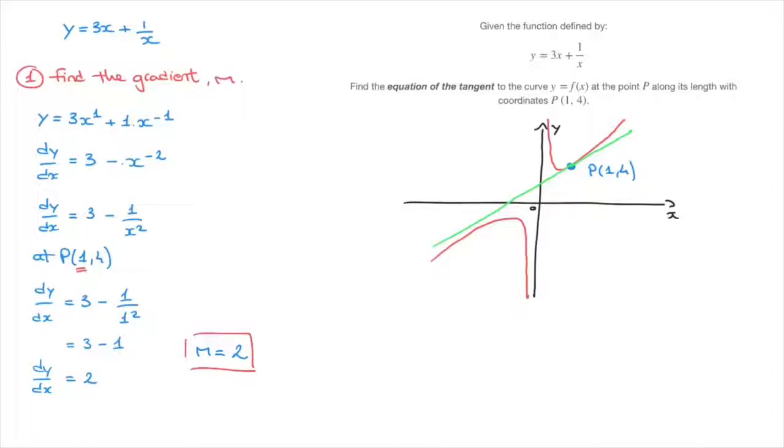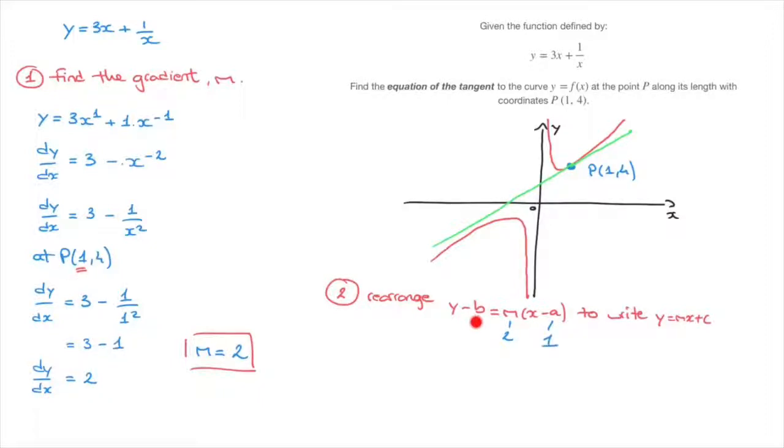We move on to the second step, step 2, and remember in step 2 we rearrange the formula y minus b equals m times x minus a to write y equals mx plus c. And remember, m is the gradient that we just found, that was 2. a is the x-coordinate of the point along the curve, so that's 1.